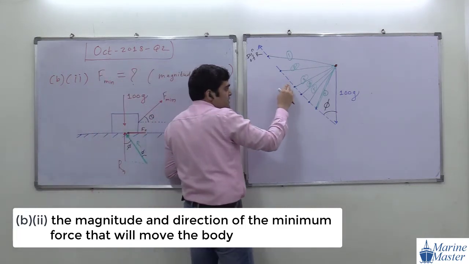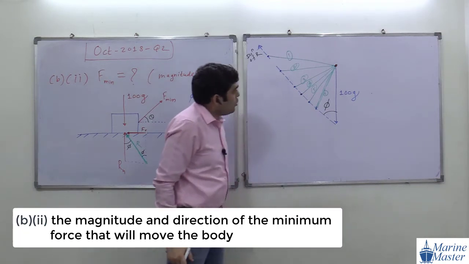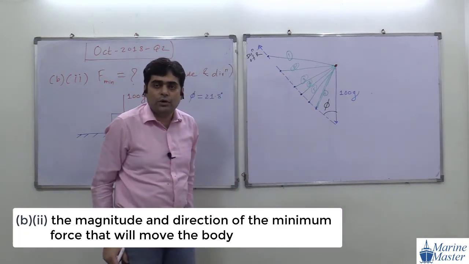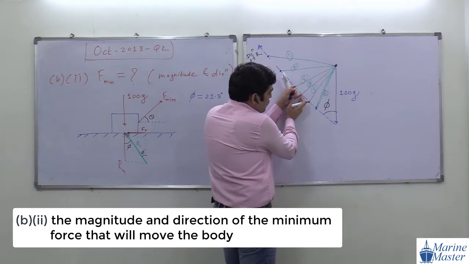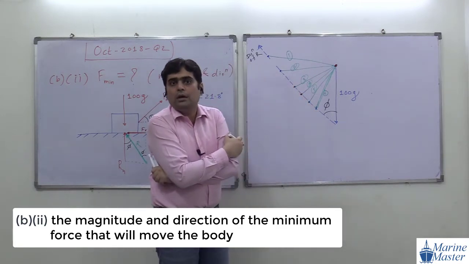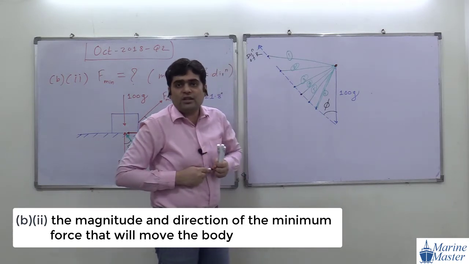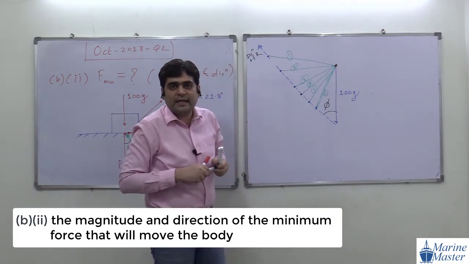If you come to point 4, we come to know that F has the lowest value. Now if you go down again, the value of F increases.